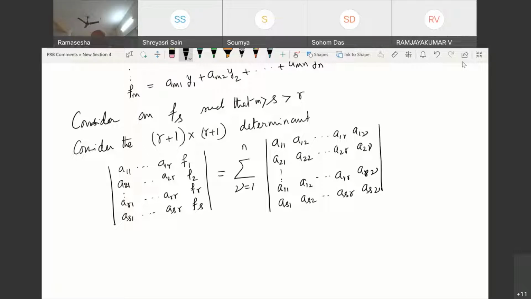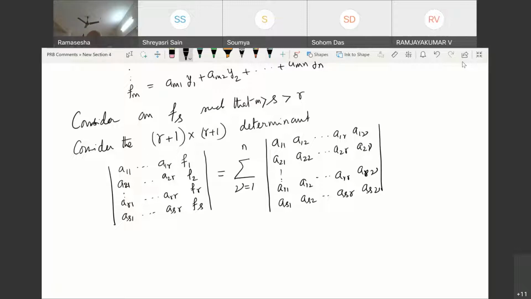On the right hand side, the r plus 1 by r plus 1 determinants are all 0. Am I right? Why? Yes, sir, because the matrix A has rank r, and you have written down an r plus 1 by r plus 1 matrix, which is a submatrix of A. Since the rank is r, the right hand side is 0.